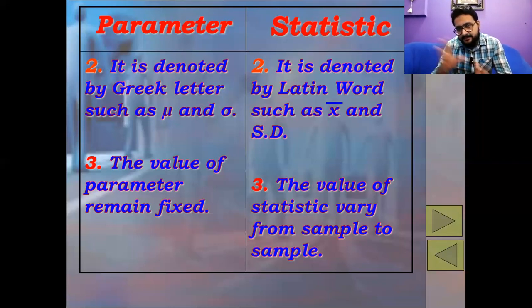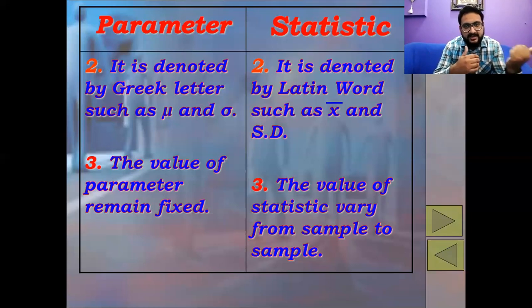But in statistics, the value of a statistic varies from sample to sample, because in the definition of a statistic we calculate a value which comes from a sample. Sometimes we collect 5 people and measure the height of the students, and then another sample of 5 is collected.